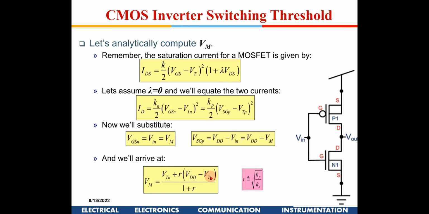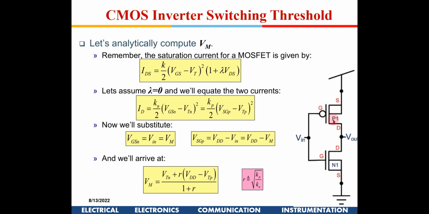Right, if I go to these two transistors, the mobility of the PMOS is actually 2.5 times lower. If I consider this as a potentiometer, both the resistances should be the same, right? Then only I will get VDD by 2, right?